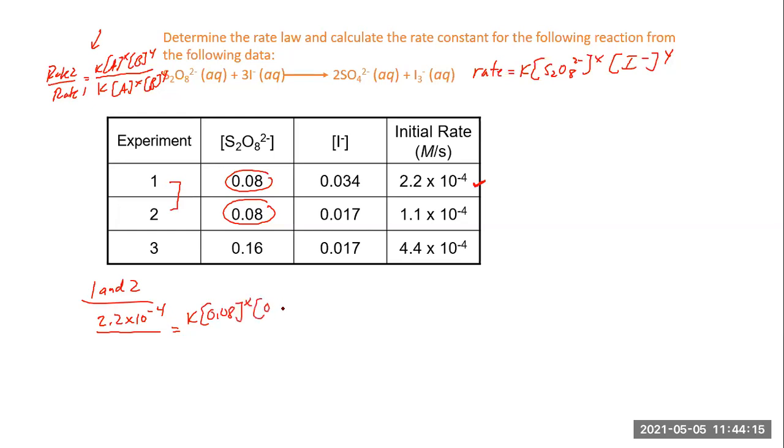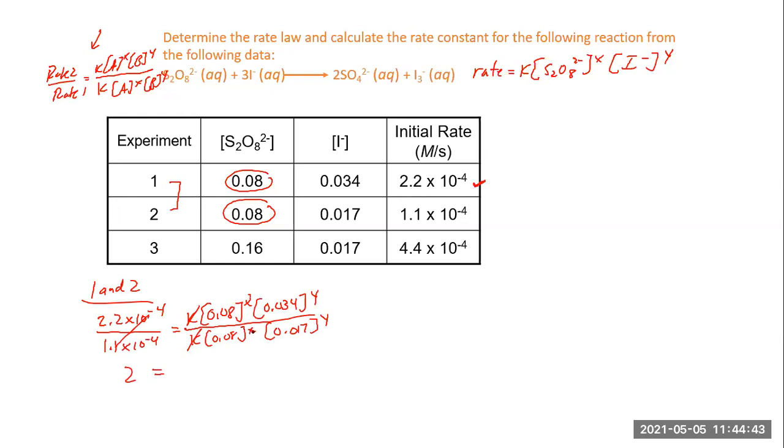Put in my numbers here. And now I'm going to come back and put everything from experiment 2 on the bottom. So now we can do a little bit of math. Again, this is going to be 2. We don't know what k is at this point, but we do know it's a constant, so it's going to be the same.